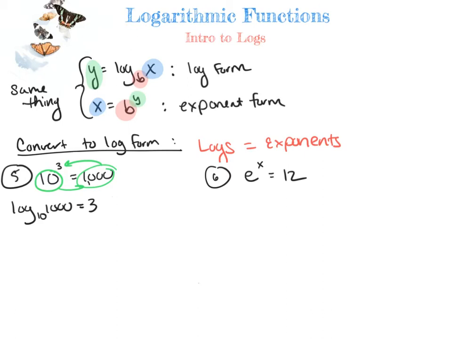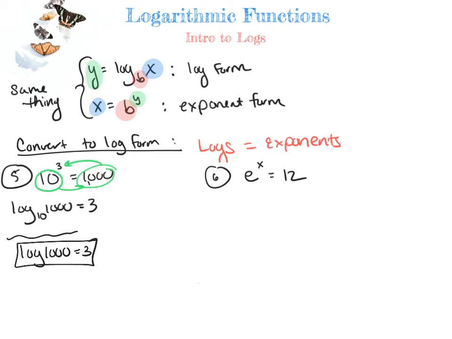And that would be how we would convert. Now, log base 10, since a base 10 is such an extraordinarily common or frequent logarithm, we actually call this the common log. So we would write log of 1,000 equals 3 without the base written in there.